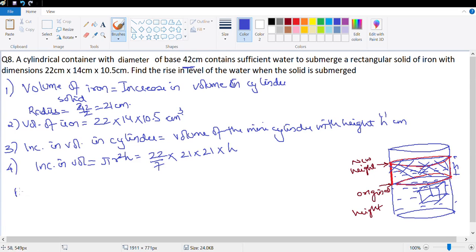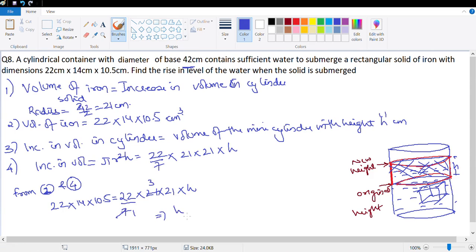So from 2 and 4, we get 22 into 14 into 10.5 is equal to 22 into 21 into 21 into h upon 7. 7 into 1, 7 into 3, which means h would be equal to 22 into 14 into 10.5 divided by 22 into 3 into 21.